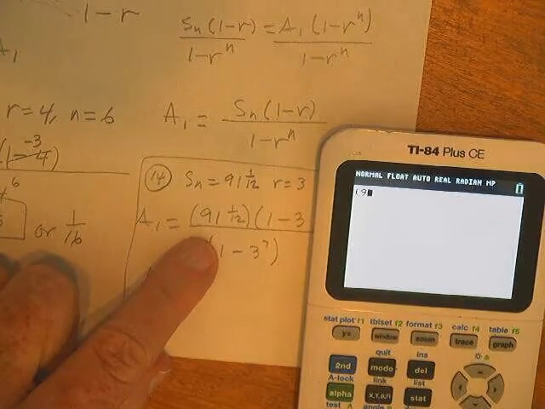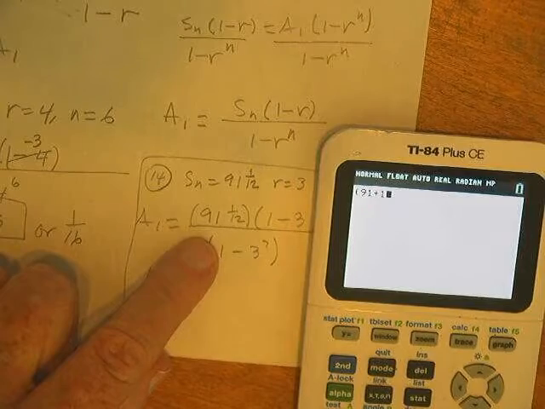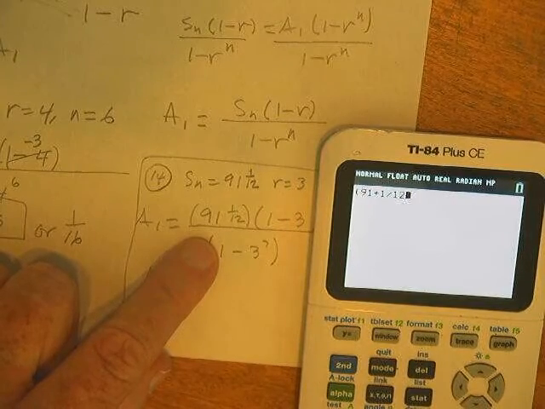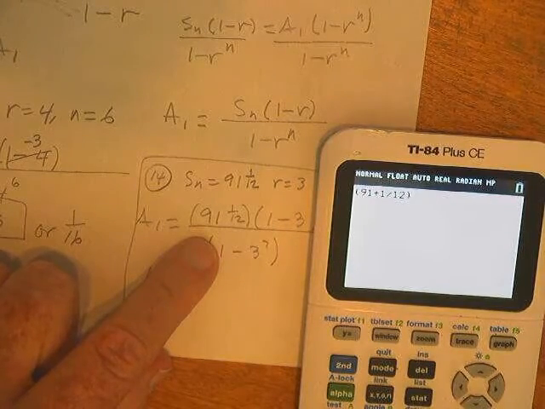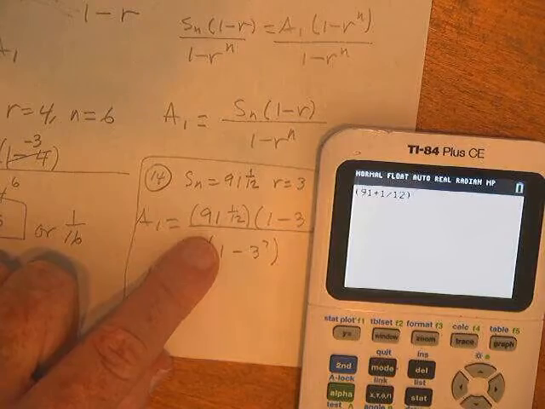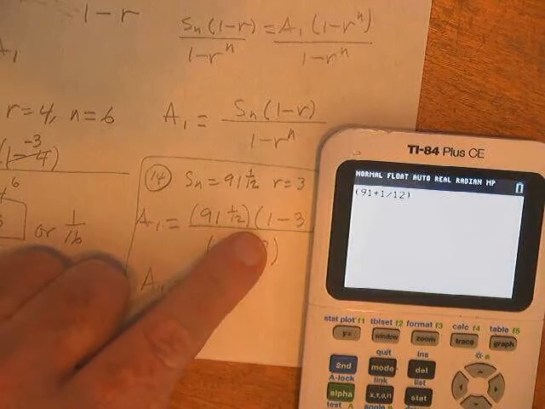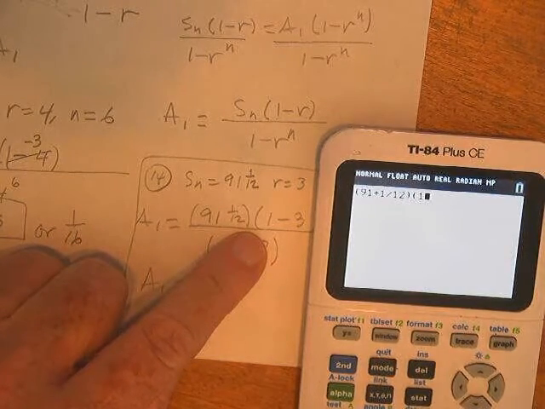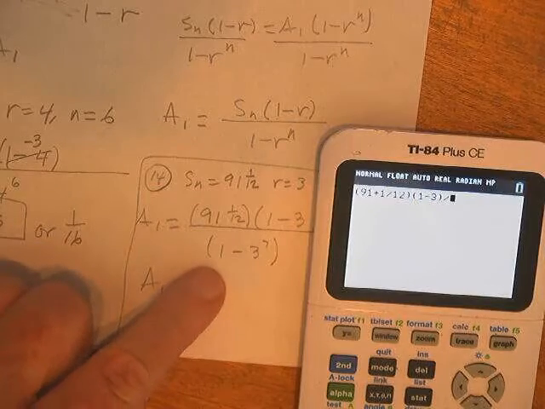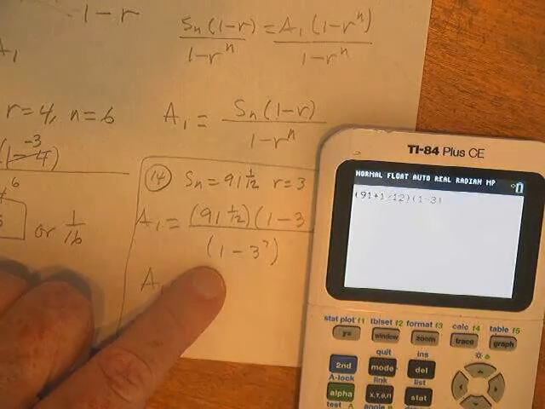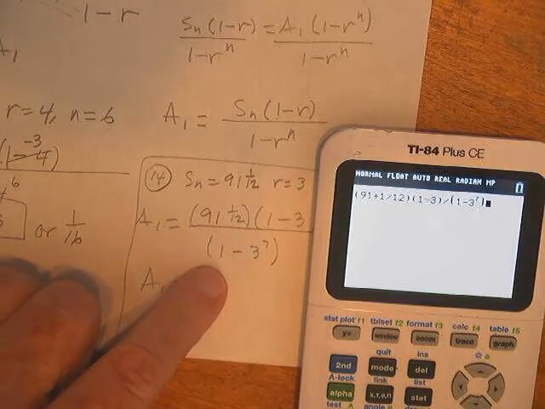Okay, let's open a parentheses. 91 plus 1 divided by 12. Okay, next parentheses. 1 minus 3 divided by next parentheses 1 minus 3 up to the 7th.